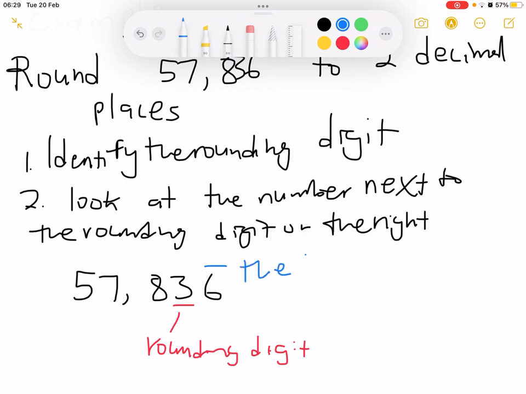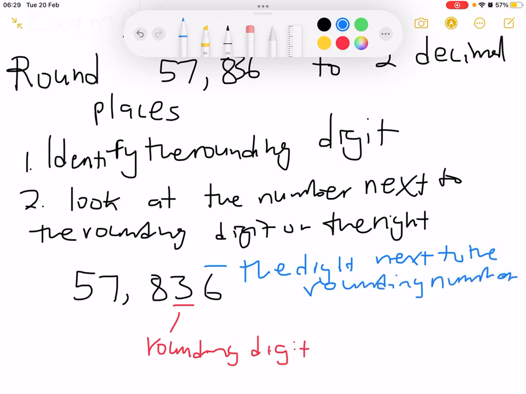So the digit next to the rounding number is between 5 and 9, which means our rounding digit 3 increases by 1, as the principle said.